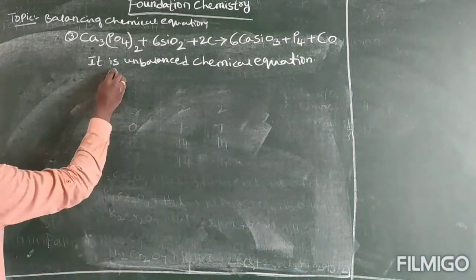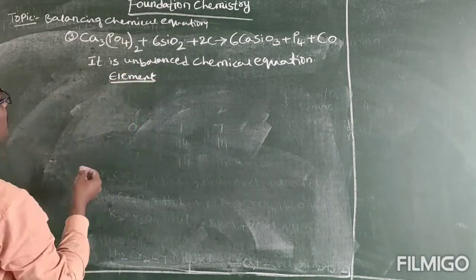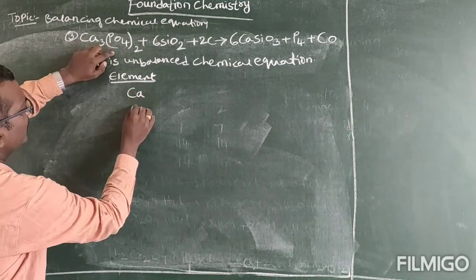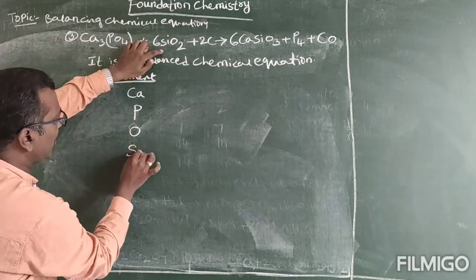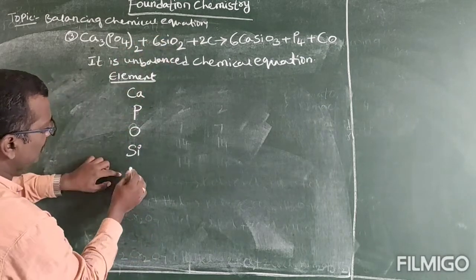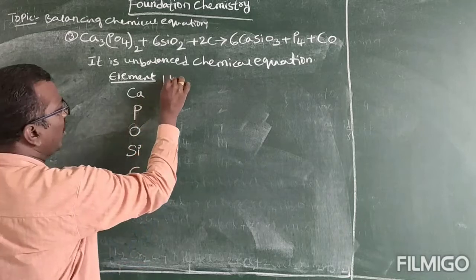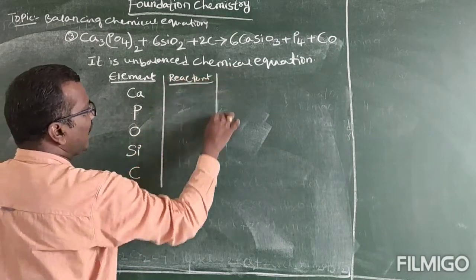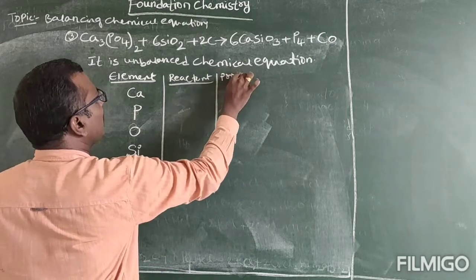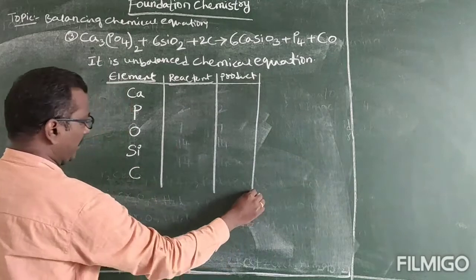Next, what I have to do, first you have to identify the elements. What are the elements? Calcium, phosphorus, oxygen, silicon, again oxygen, written already, carbon. Next, how many on the reactant side and how many on the product side, that we have to identify.